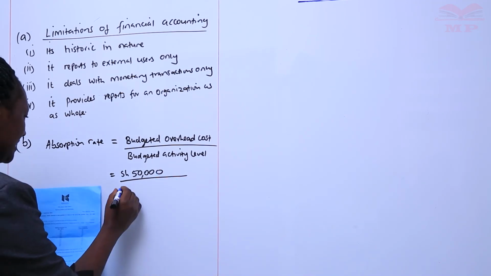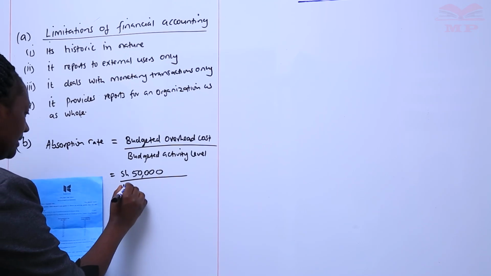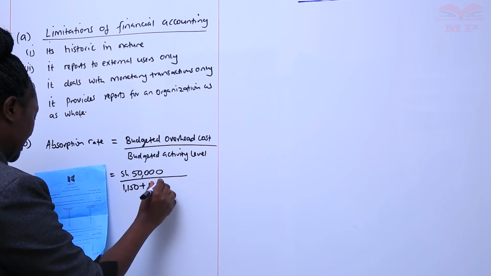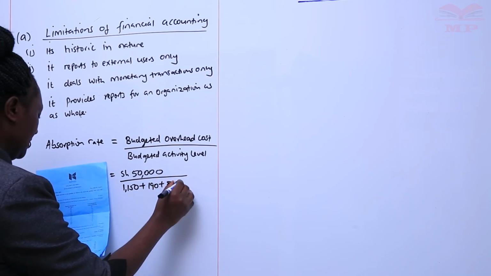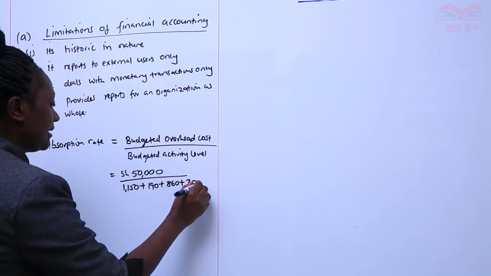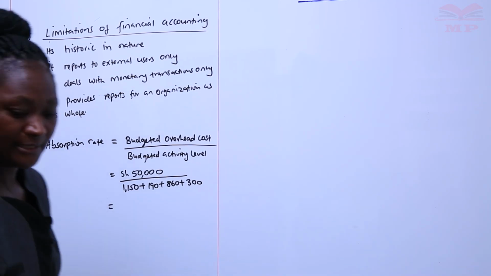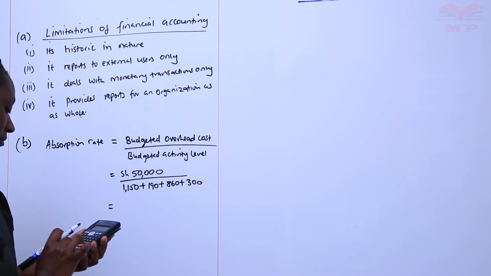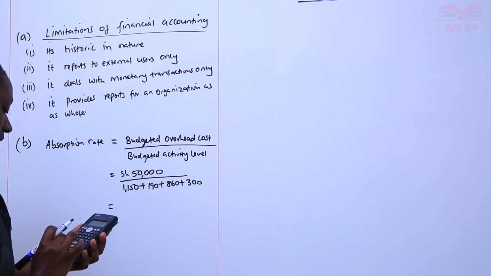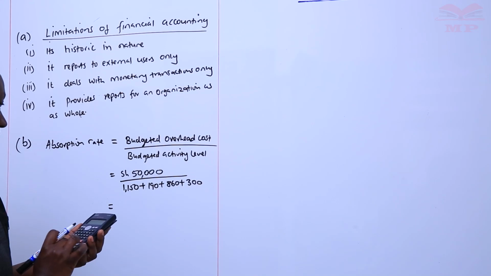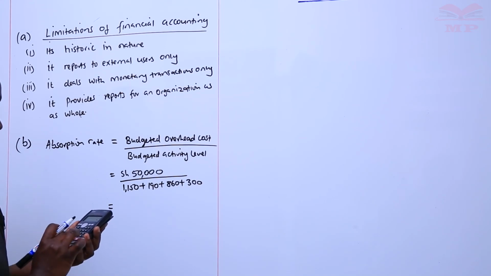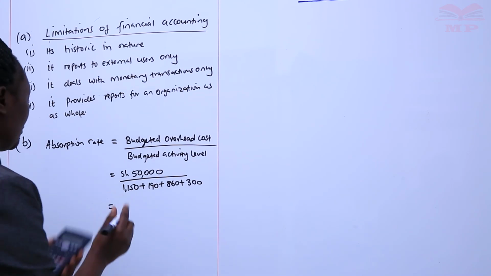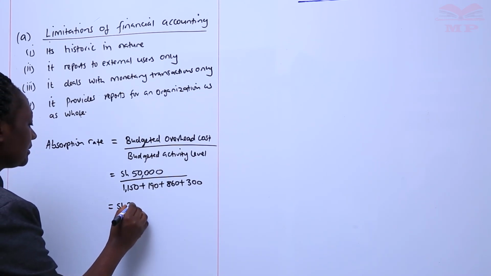So we are dividing this by 1,150 plus 190 plus 860 plus 300. And when you solve this, you'll get 20 shillings.